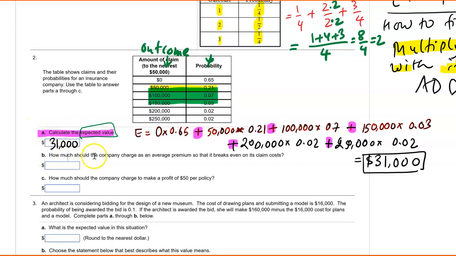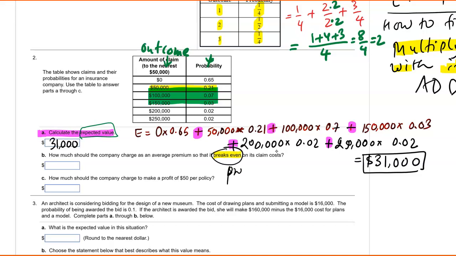Part B, how much should the company charge on average premium so that it breaks even on its claim cost? Remember that that's the company cost over the long run. Break even means no profit, no gain.